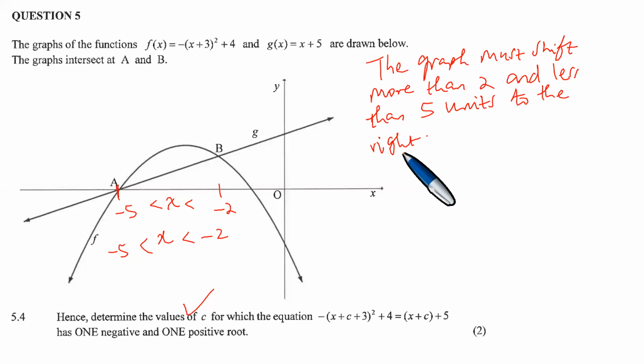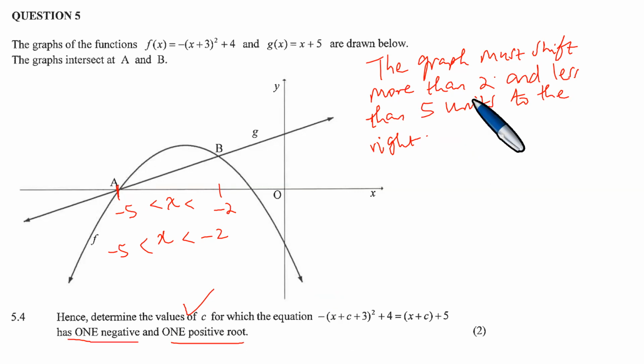We note that the graph must shift more than 2 and less than 5 units to the right. Okay? So that we have one negative and one positive root.